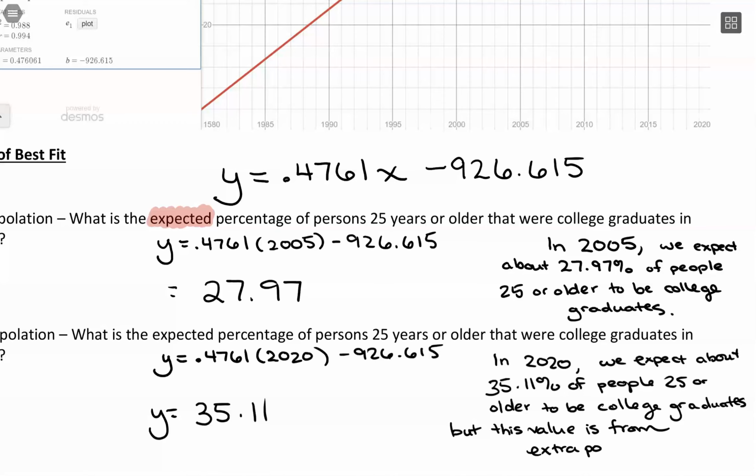We want to include that with this idea that we expect that value, but we could be completely off in terms of a prediction because it's beyond our data set.